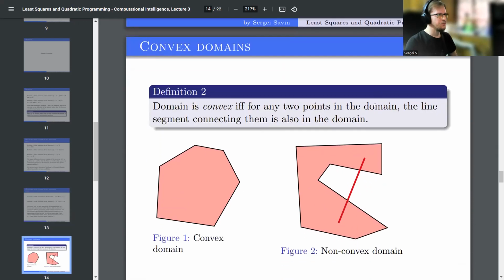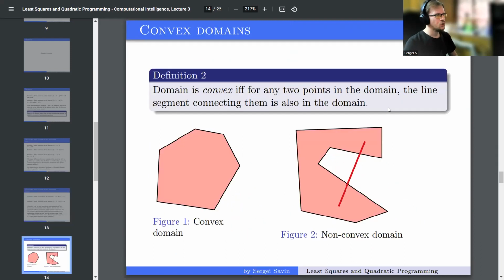Now let us move straight into the new material. So domains can be what we call convex. Okay, they can be convex. What is a convex domain? Well, that is quite intuitive from the name.